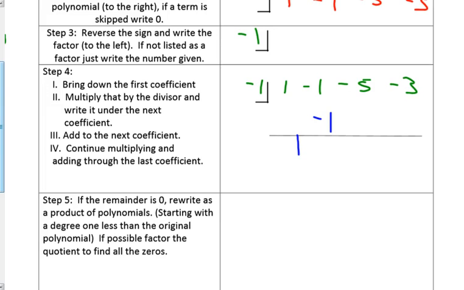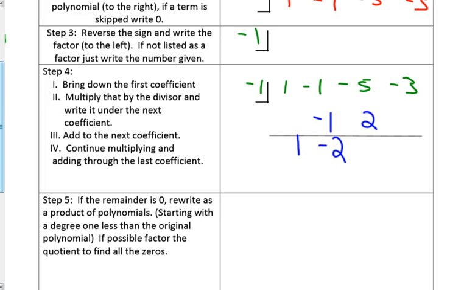Now it says add. -1 plus -1 is -2. Now multiply again. -1 times -2: a negative times a negative is positive, so +2.